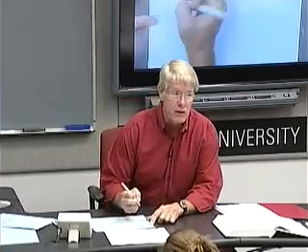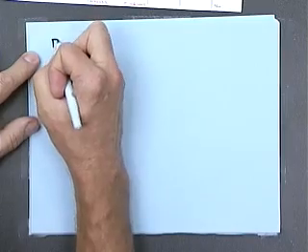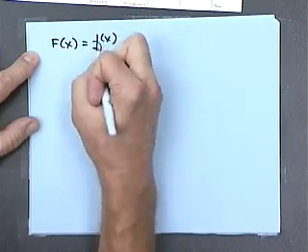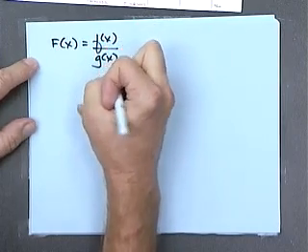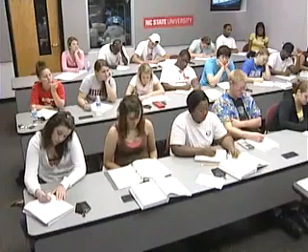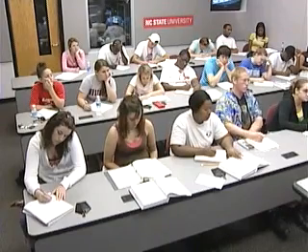All right, quotient rule. So let's see if we can use the product rule to help us develop the rule for finding the derivative of a quotient. And I don't know if this is the one that's used in this book. You can go all the way back to the definition, but since we have a rule that can help us, I figure we might as well use it.